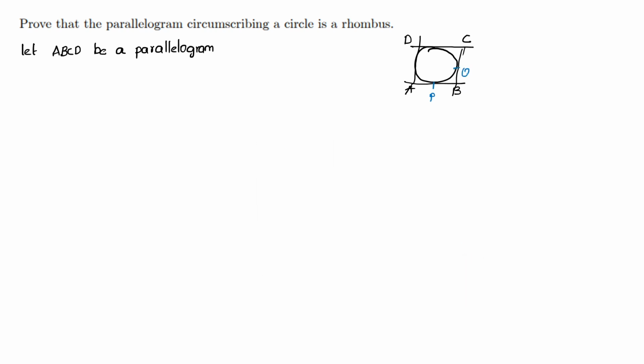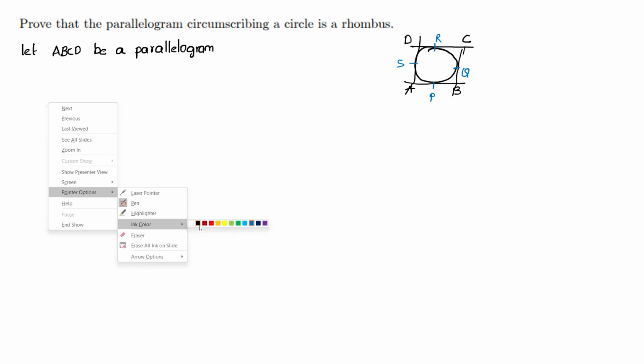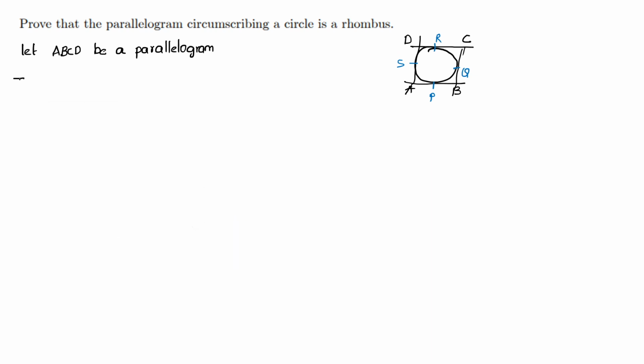P, Q, the same as we have done in the earlier problem, the same thing follows. So to prove ABCD is a rhombus. Given ABCD is a parallelogram circumscribing a circle.